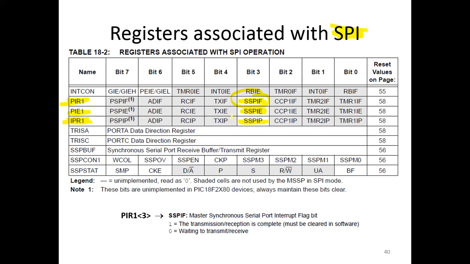We just have to read it from the SSP buffer and send it to port. So if the SSP IF is 1, the transmission is complete. Okay, so we have to read the data. It must be cleared in software, and you have to read the data to clear the SSP IF.